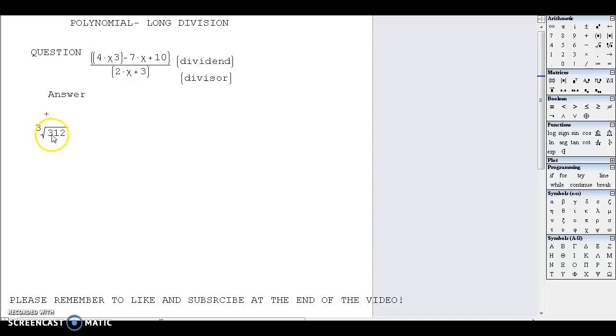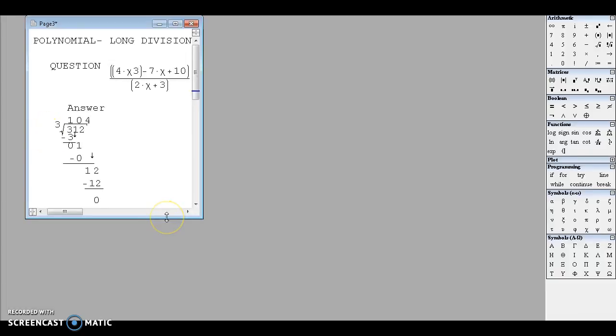So 3 into 3 goes 1 time. 3 times 1, we have 3 right here. 3 minus 3, then we have 0, right? And then we say 3 into 0 gives us 0. 0 times 3, we have 0. 0 minus 1 right here, then we have a 1.